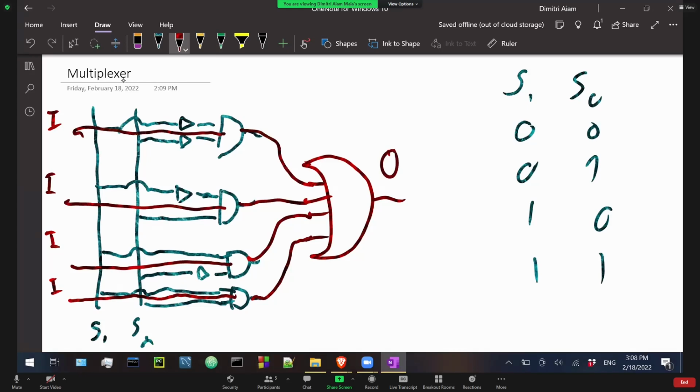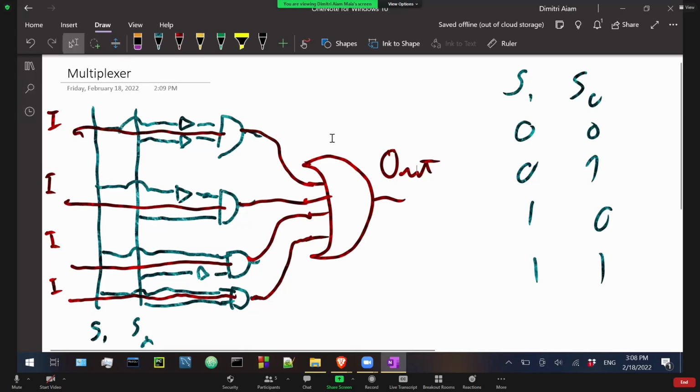I don't know what letter they use here, but this is the output. So this is a multiplexer. Does that make sense? The thing they all connect to is an OR gate. The decoder and the OR gate all together is the multiplexer.